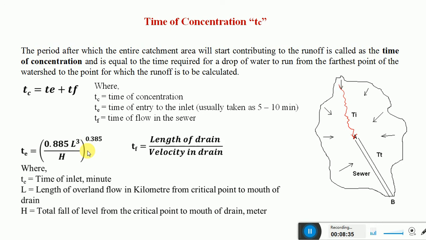The time of flow can be obtained by the total length of the drain divided by the velocity in the drain, through which the runoff will occur. If you add these two terms, time of entry and time of flow, then we will get the time of concentration.